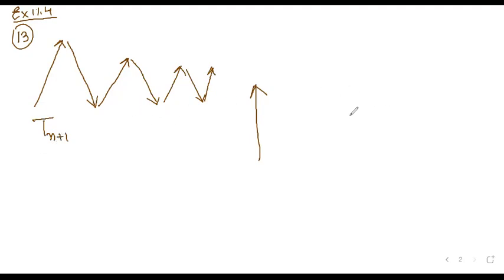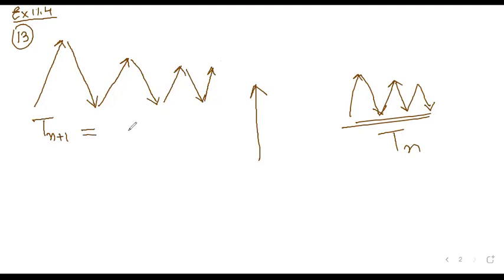If the ball went high, then bounced, then went up and came down, like this, in this case we would have considered Tn. But here they are asking after the impact. Impact means after the bounce, so that is why Tn plus 1.